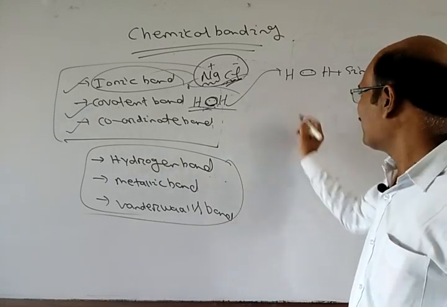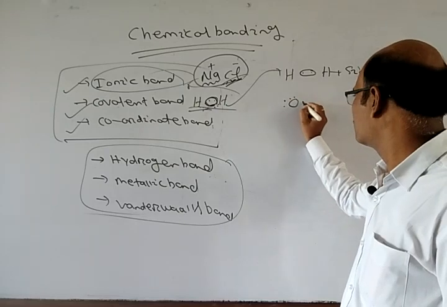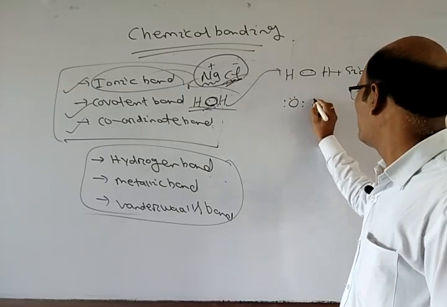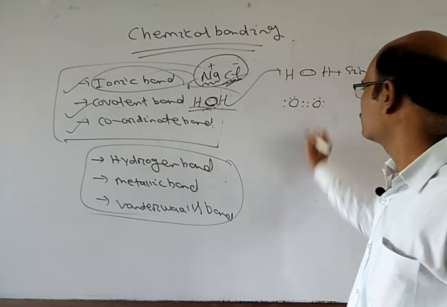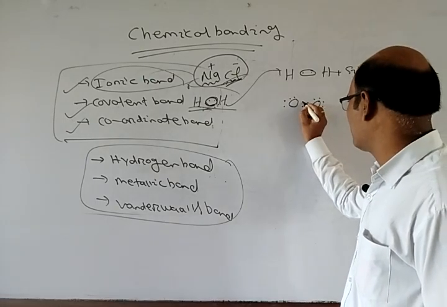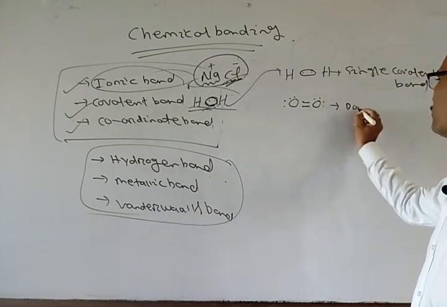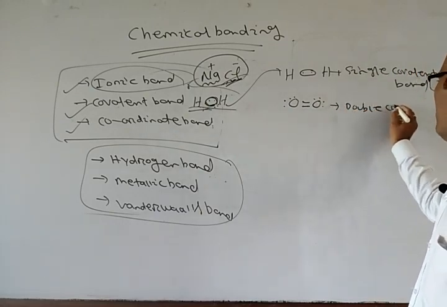If I take oxygen, with 6 outer electrons on each atom, this electron pair and this electron pair, 1, 2, is called a double covalent bond.